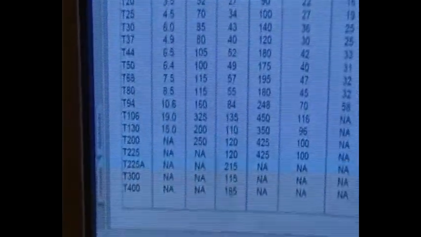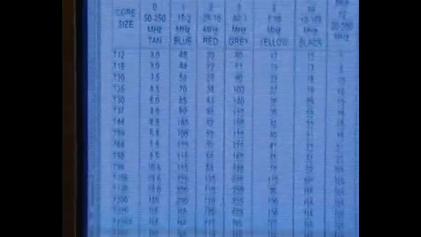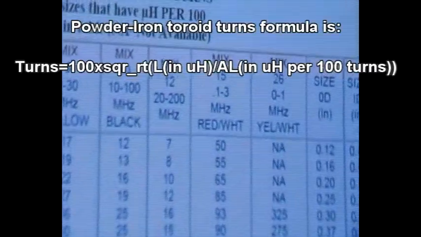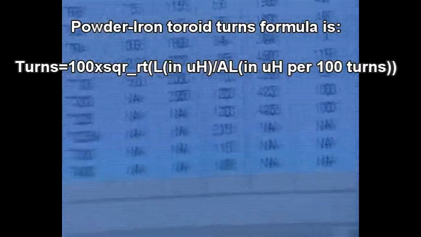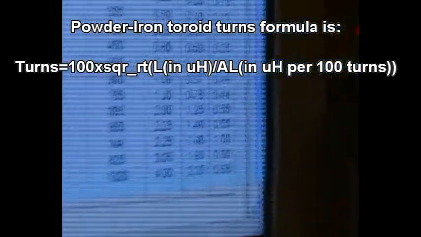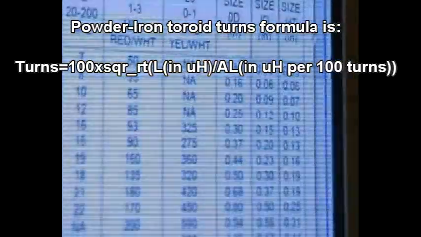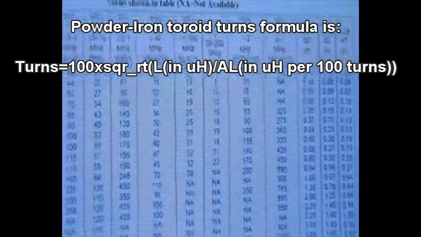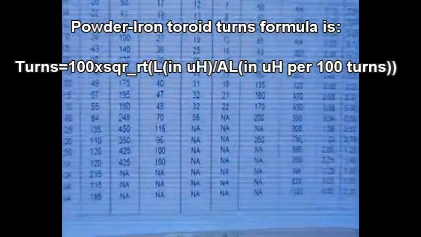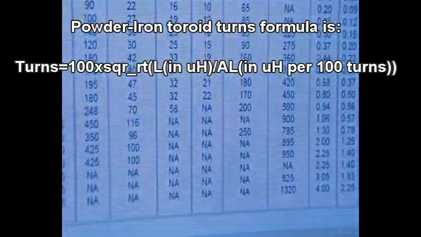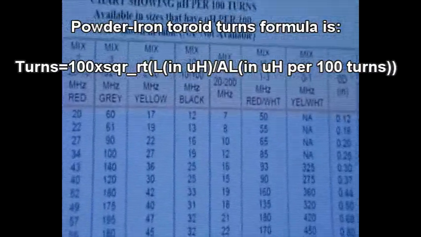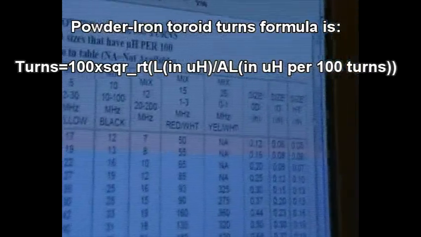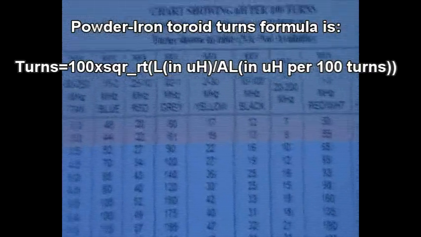And there's a few more sizes in this table, but you can see that mix 26 isn't too bad, but a T400 core is pretty big. So for a low number of turns for a high value of inductance, these aren't so good, but these are better resolution if you're looking for a very specific value of inductance, so they're better for that, right?